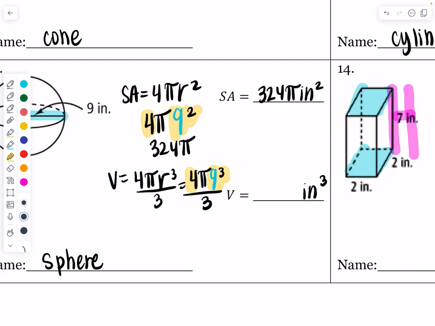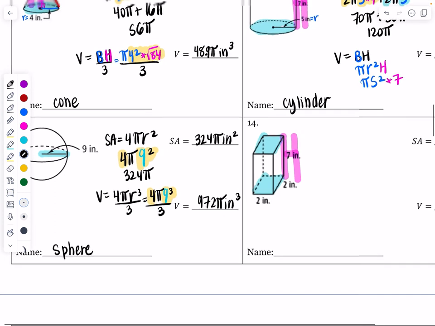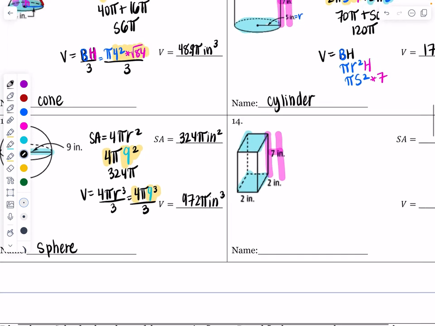That's 2916. I'm going to take that and divide by 3. And so that's going to give me 972 pi inches cubed for that sphere, for the volume.